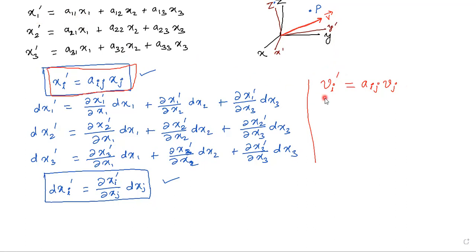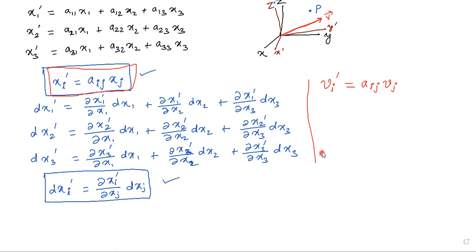Any quantity whose components transform according to this rule is called a vector. We can also say that a vector is a tensor of rank 1. This is how we define a Cartesian vector. I repeat, any quantity whose components transform according to this rule is called a Cartesian vector.